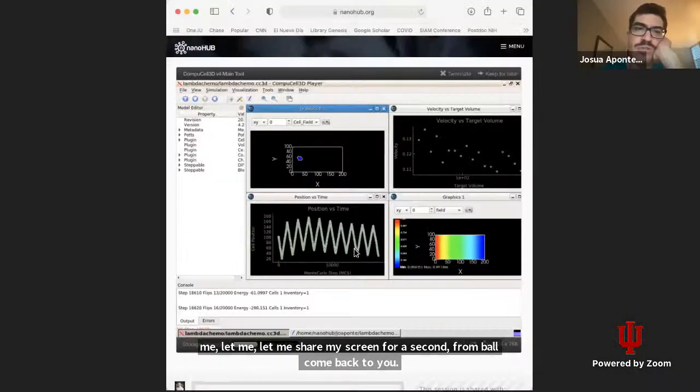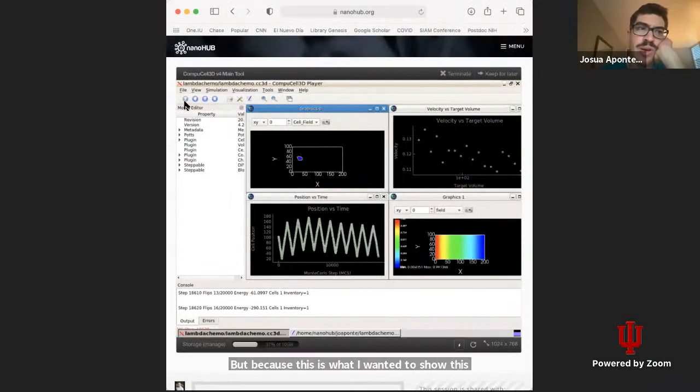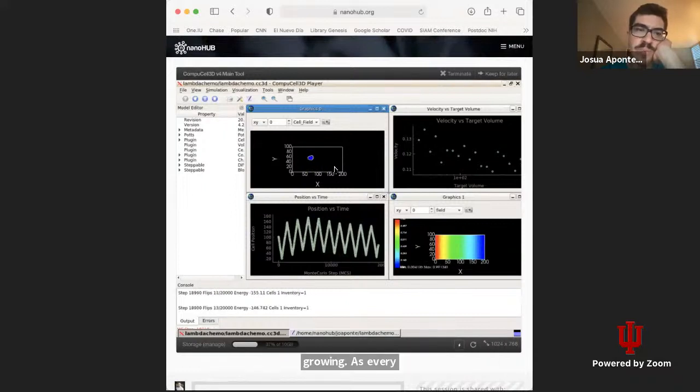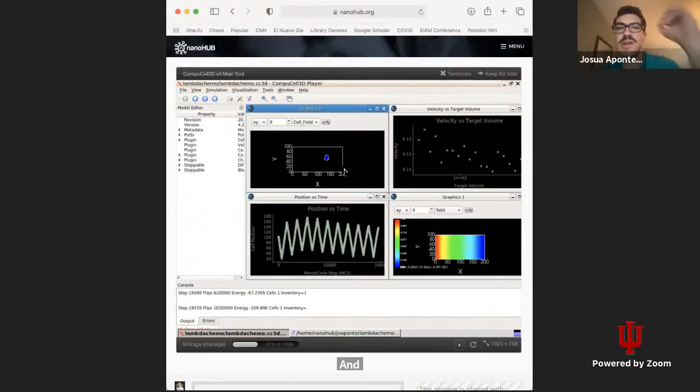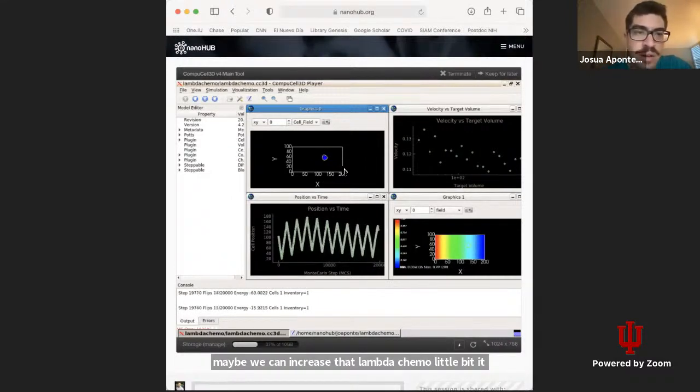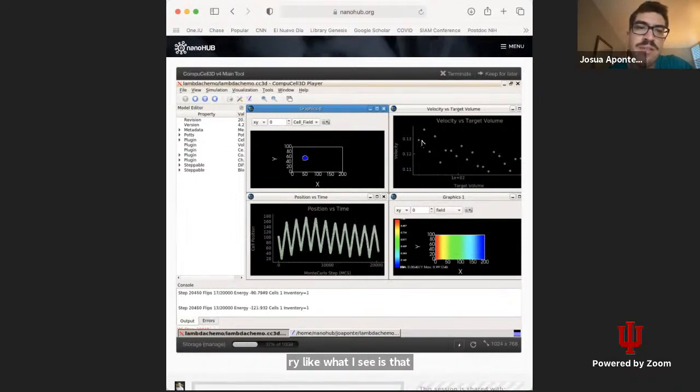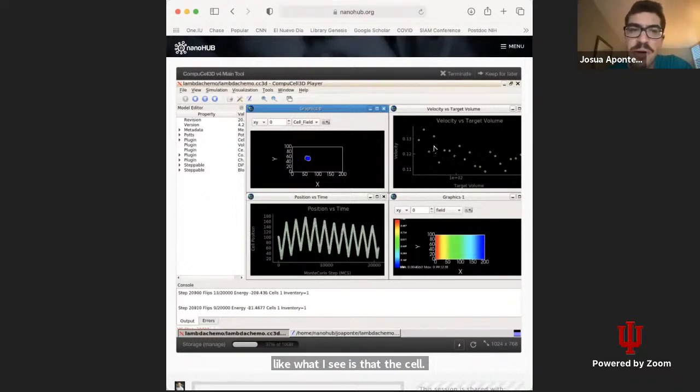This is what I wanted to show. The cell keeps growing every time it hits the border, and maybe we can increase that lambda chemo a little bit. It can be a little bit higher than 5,000. I've run this a couple of times, and what I see is that the cell velocity might decrease a little bit with the cell volume, but it doesn't decrease by much.